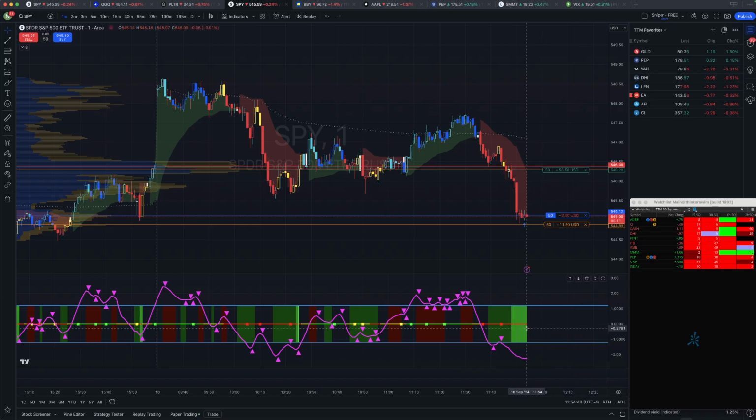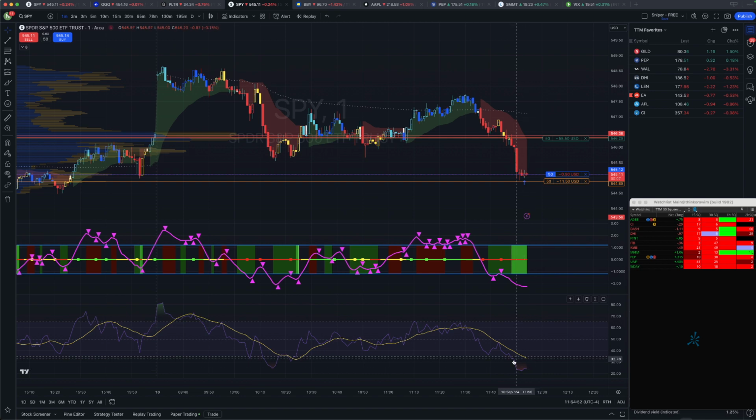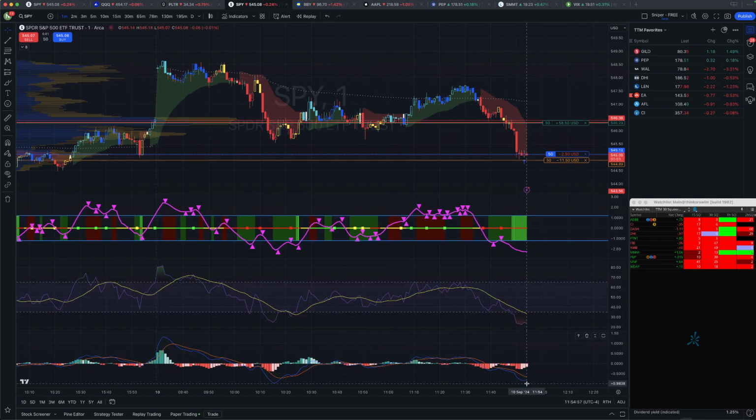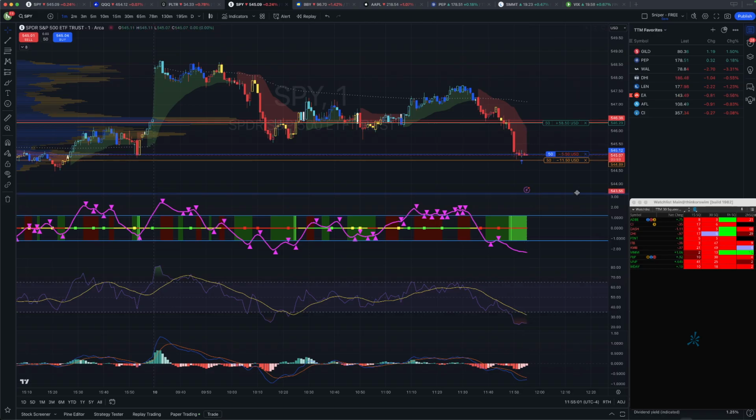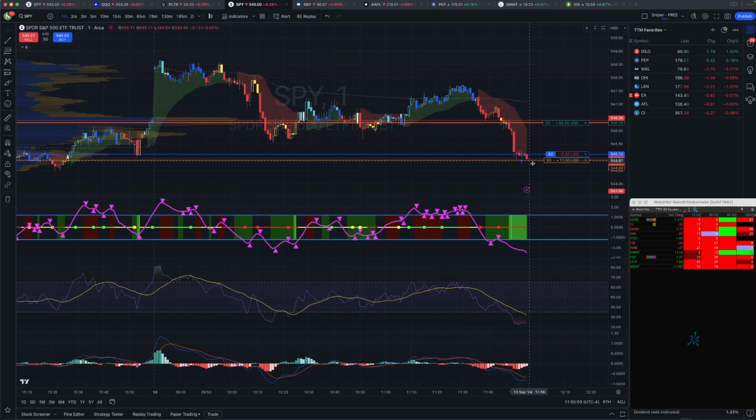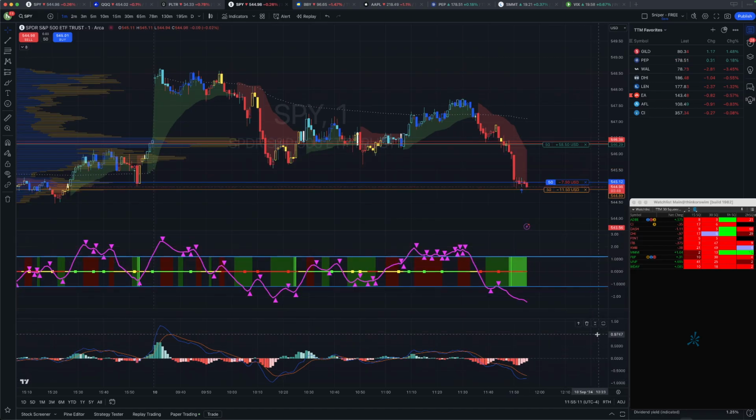So you always have to wait for the candle to close. You can see we are in an overbought condition on the RSI, but we don't have a MACD cross, and we don't have a yellow candle up here either. So the signal's not quite there yet, and now we're going to get a flush or potentially just a retest of that low.